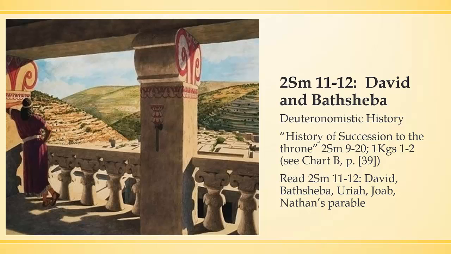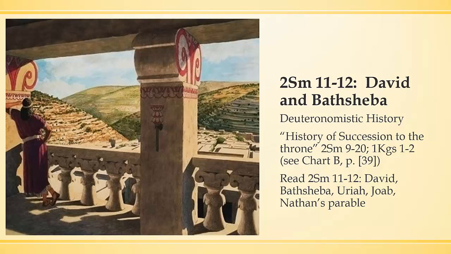The Deuteronomistic history was put together in the year 650, but the pieces of this history go back often to much more ancient times. One of the most ancient pieces is the section known as the History of Succession to the Throne of David.